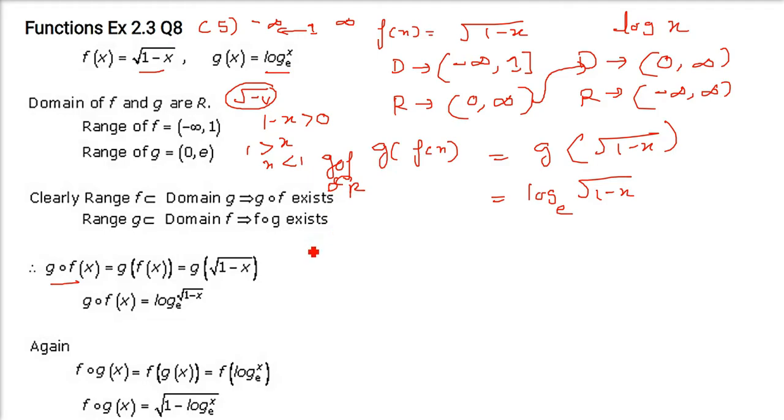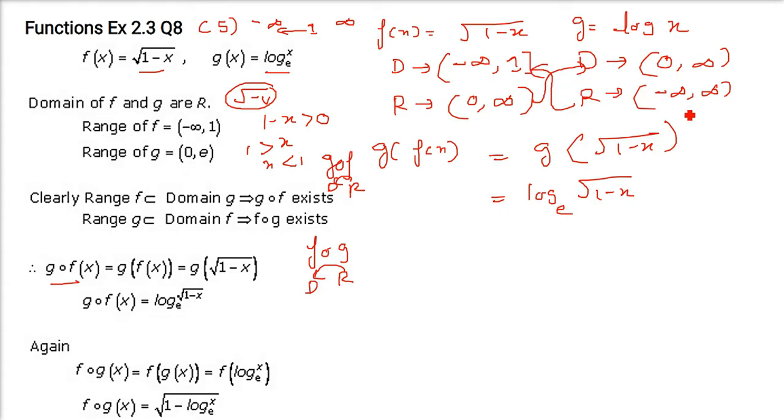Now f of g(x), fog, that is the range of g should be a subset of the domain of f. Negative infinity to infinity, and negative infinity to 1. So is this a subset?